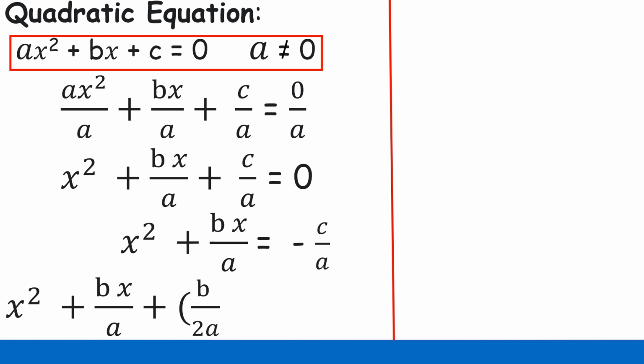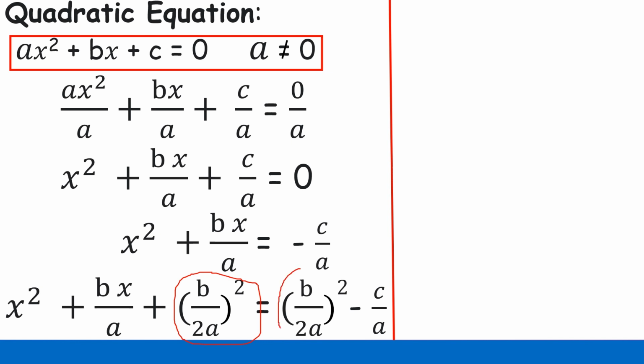Now, we'll be doing something. What we will do is to introduce some form of expression. You'll notice that we introduced this value on the left-hand side, and we also introduced that same value on the right-hand side. What we simply did was to divide the coefficient of x by 2.